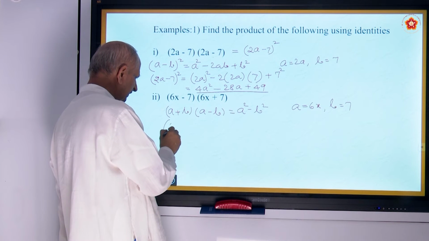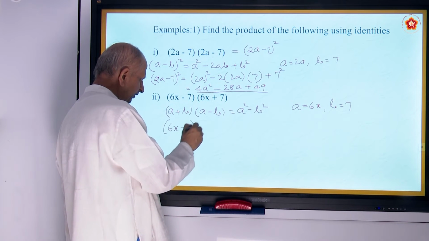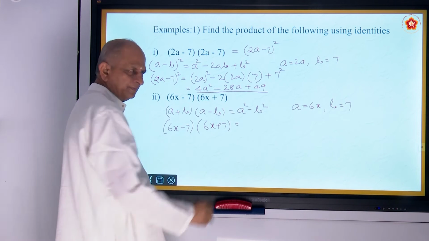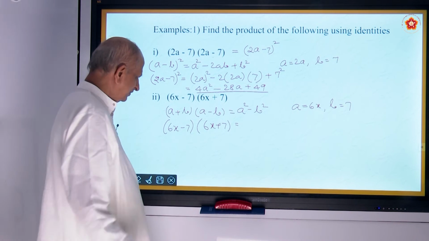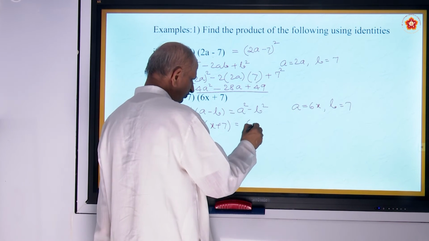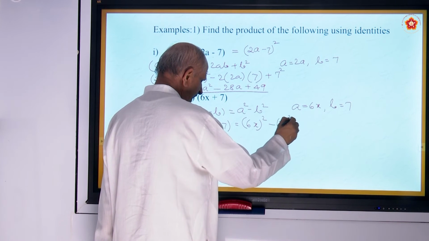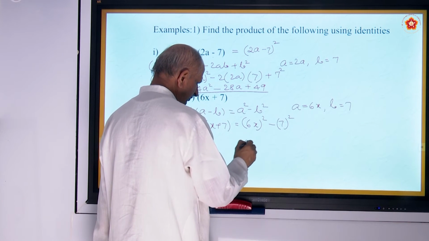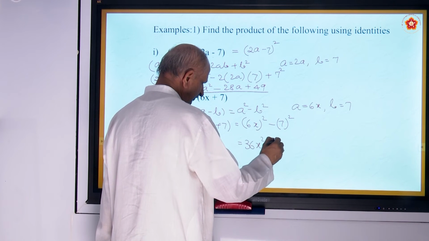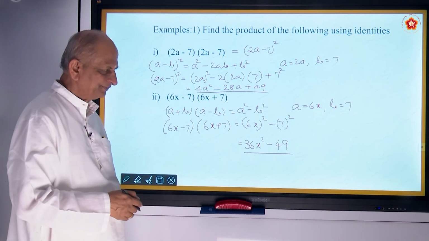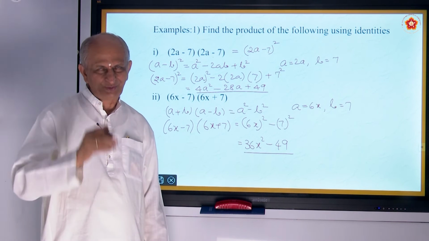So 6x minus 7 into 6x plus 7 is equal to 6x square minus 7 square. 6x square is how much? 36x square, minus 7 sevens are 49.